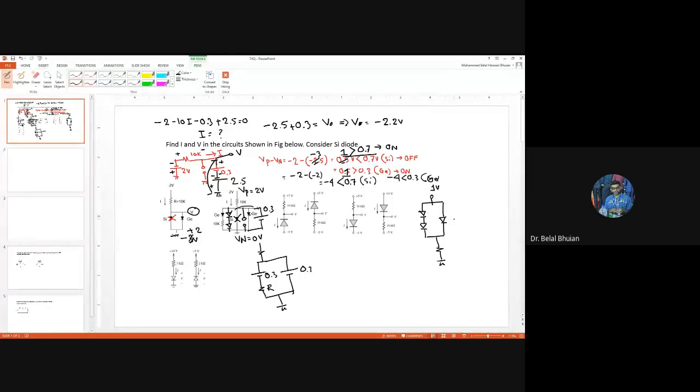So that means you have one germanium that requires 0.3 volt to turn it on. And what is the voltage required to turn both the germanium diodes on? Sir, 0.6. 0.3 and 0.3, 0.6. So 0.6 is greater than 0.3. So that means this branch will be off.